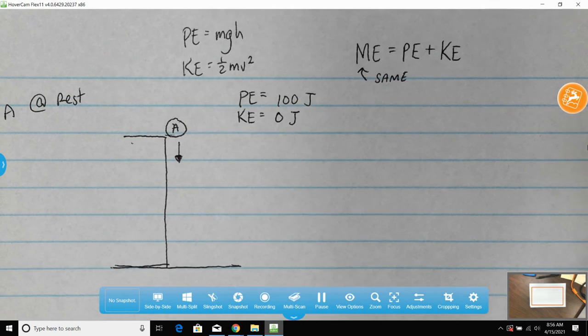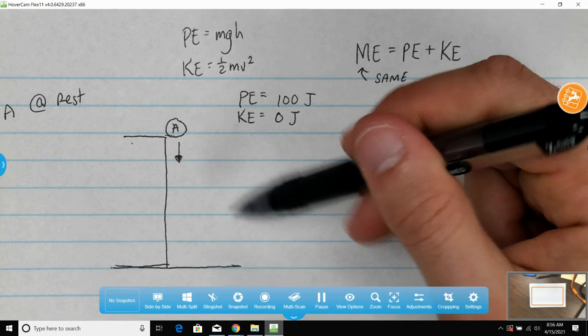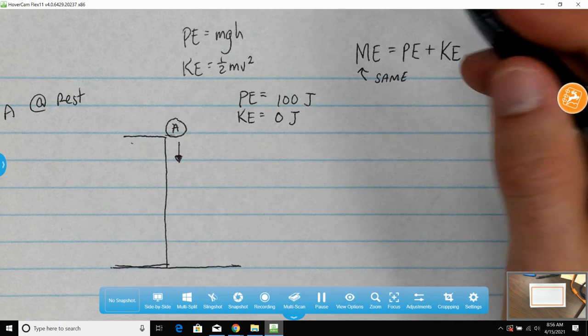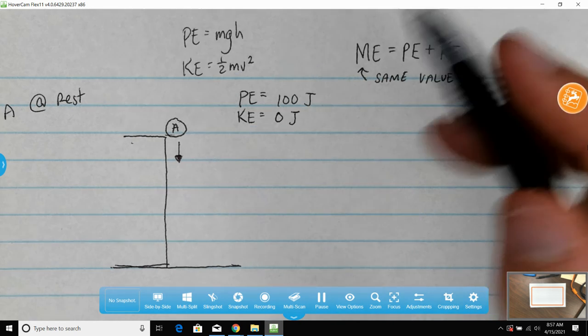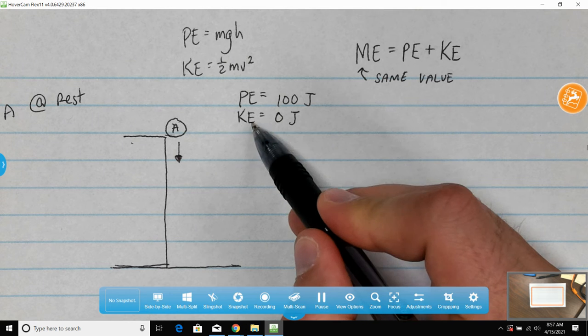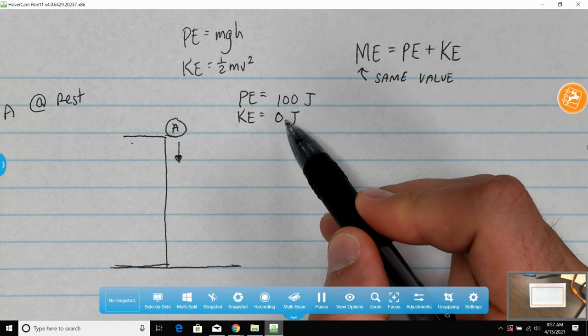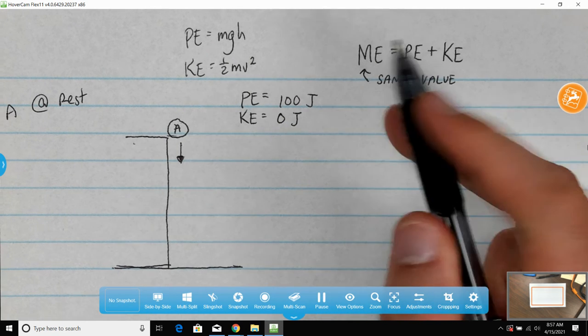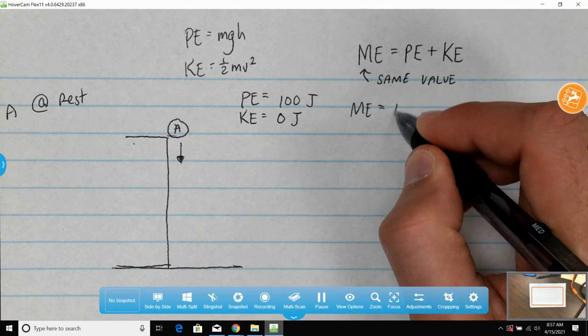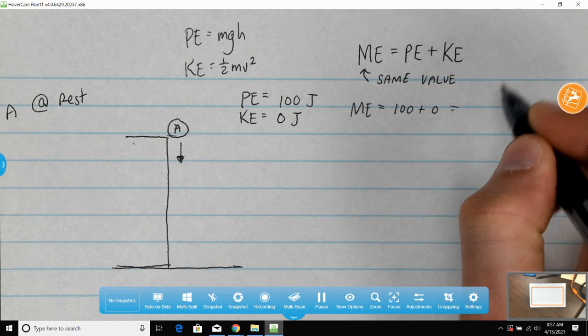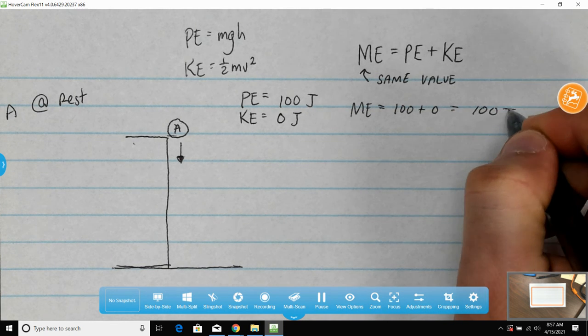It's going to be constant. That value won't change, but these two can. So right now, potential is 100, kinetic is 0. What would my mechanical energy be here at point A? It would be 100 plus 0, so it would be 100 joules.